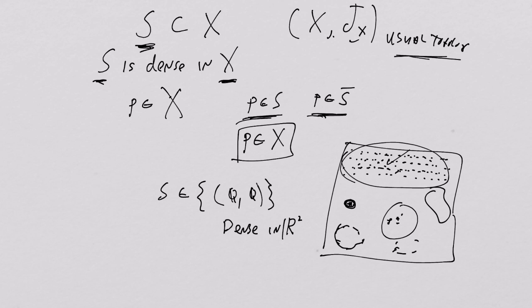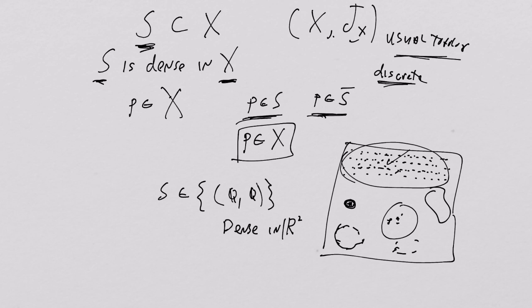Things get a lot worse if I switch to the discrete topology, right? If I go to the discrete topology, then every single point is its own open set. And once you do that, there are no limit points, right?